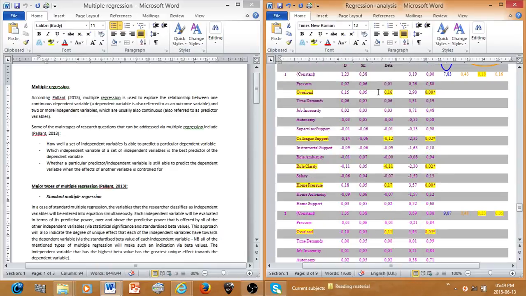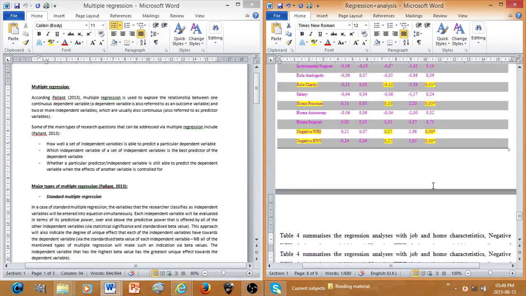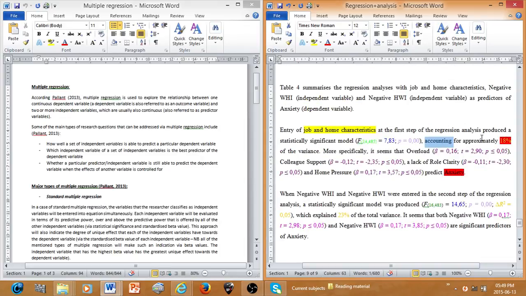Because we look up there, like we've marked, overload, colleague support, role clarity, and home pressure were marked as statistically significant. So therefore, the author says that they seem to be predictors of anxiety. I'll just leave it there for a few seconds so that you can read it if you want to.